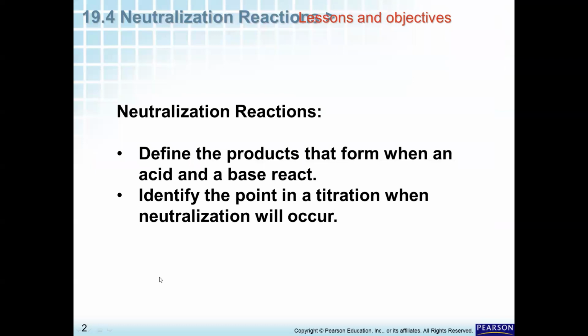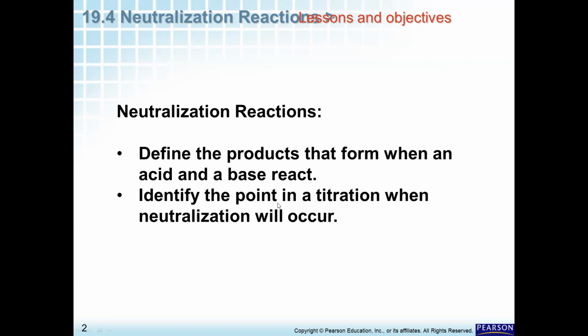The objective for today is to define the products formed when an acid reacts with a base. That is also something we talked about last time: any acid with a base will always produce a salt and water. That is always the product.